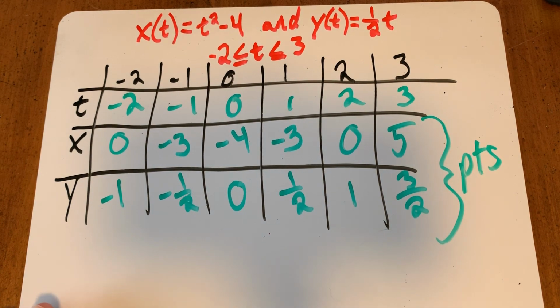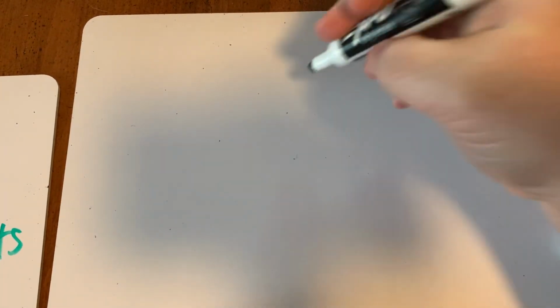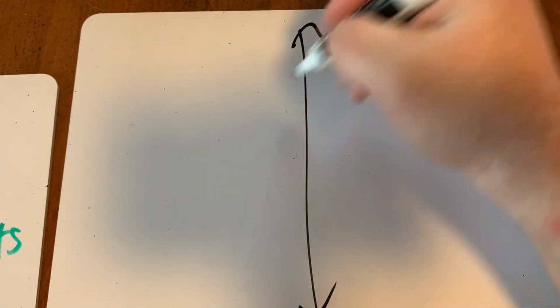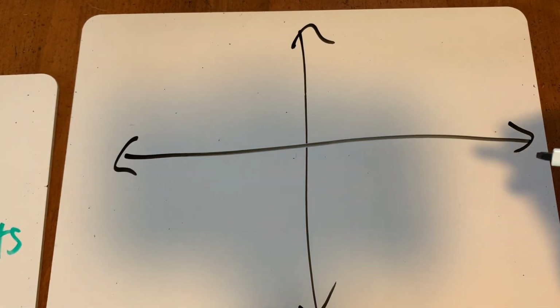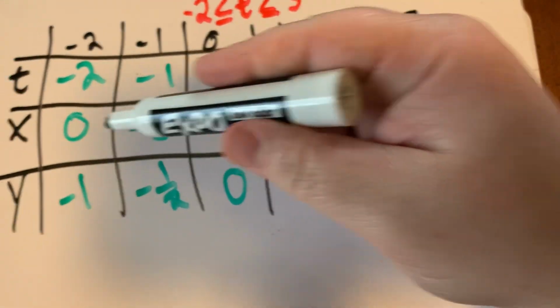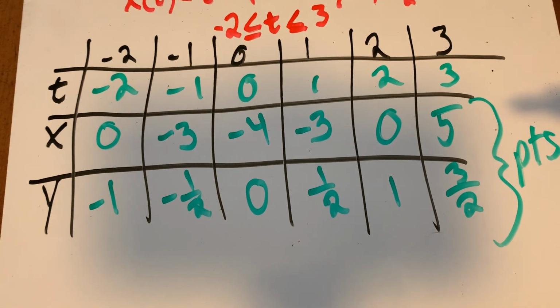So we can take that and actually plot it. So I'm going to make my axes. On the x-axis, our x values were 0, -3, -4, -3, 0, and 5.